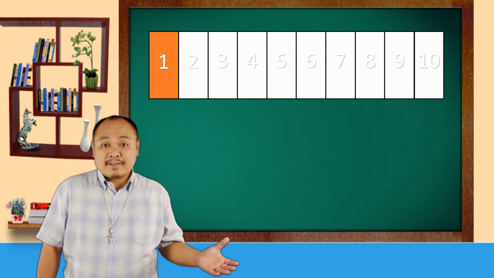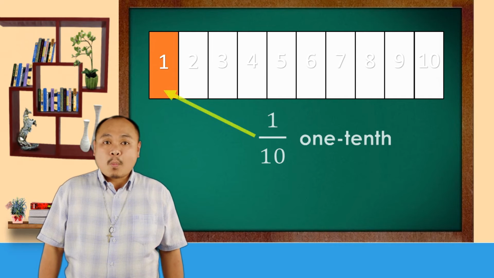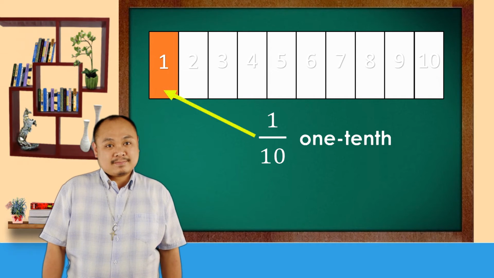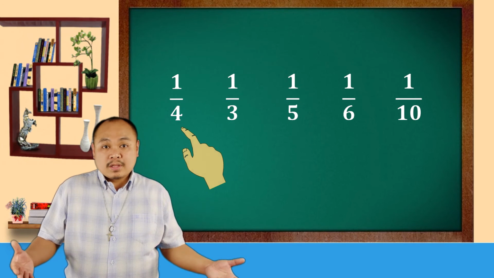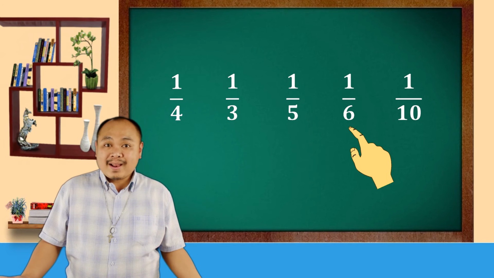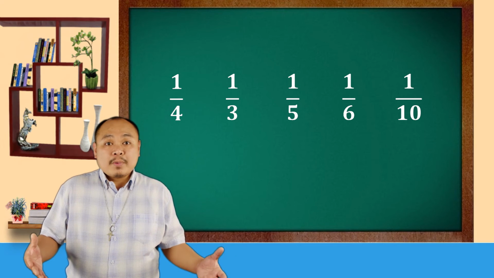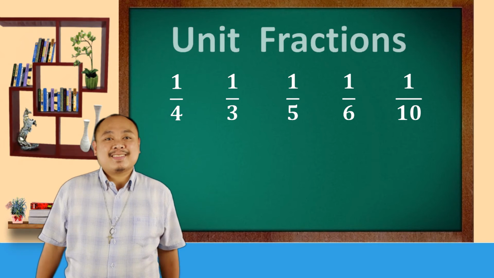What is the name of the fraction on the shaded part? Correct! The shaded part is 1/10. What do we call 1/4, 1/3, 1/5, 1/6, and 1/10? You're right! We call them unit fractions.